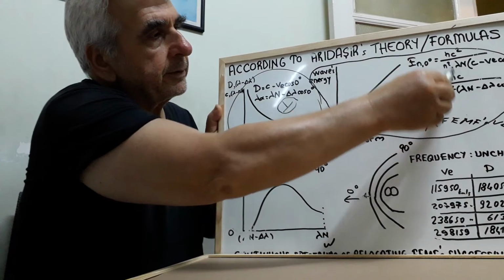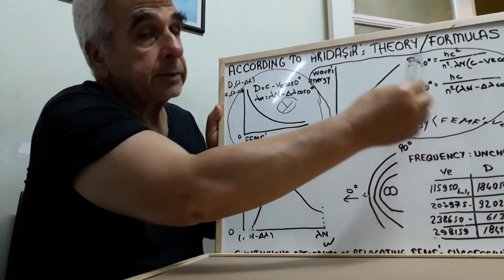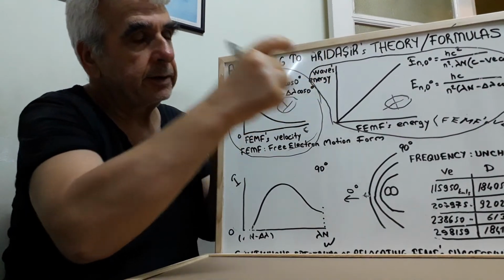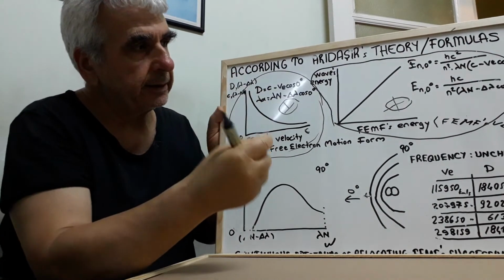These are the formulas: different point energy for each point of the sphere. Think of it as a sphere.